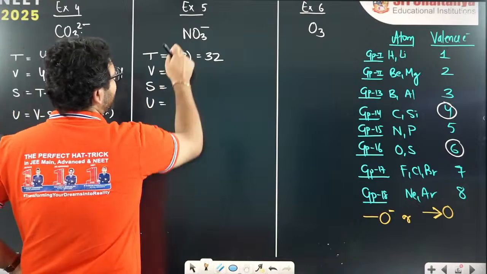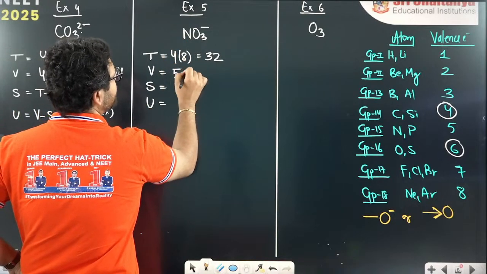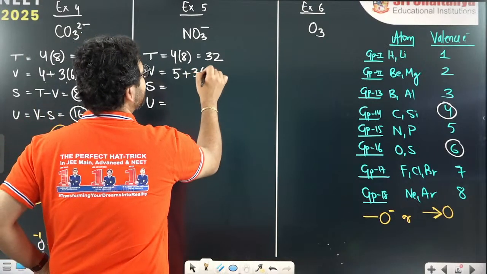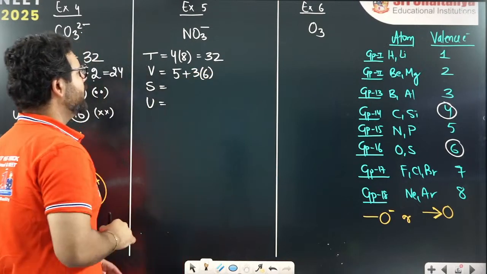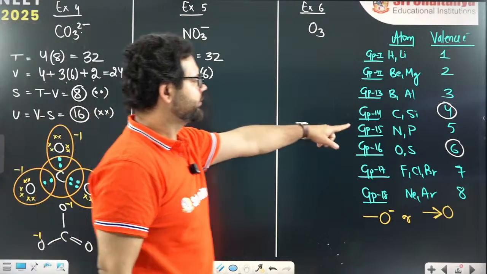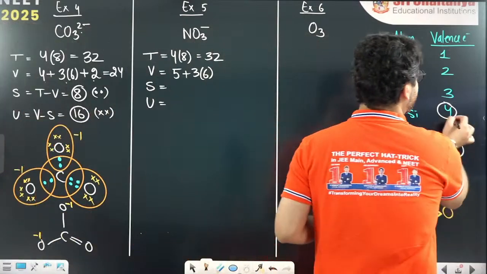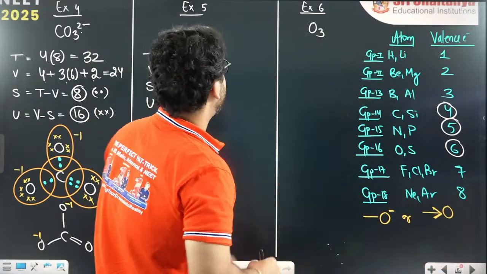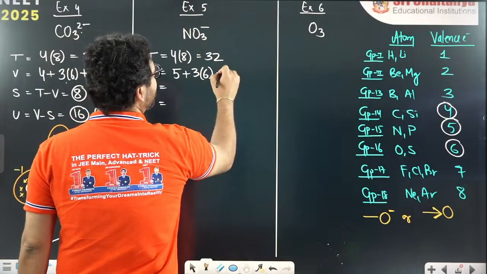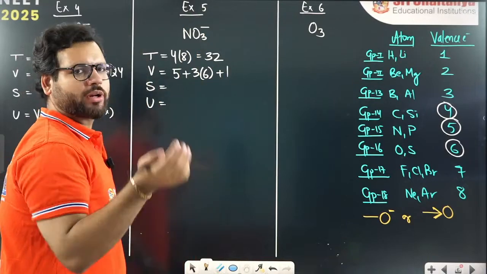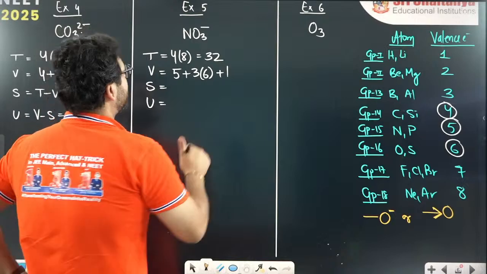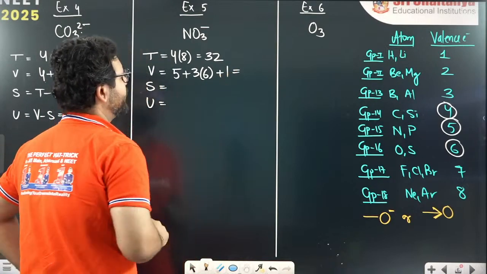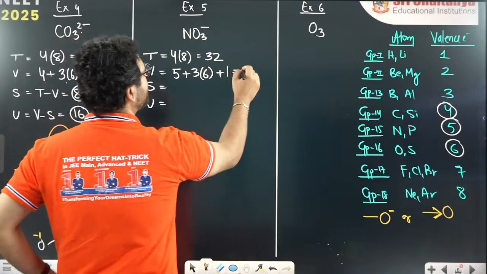Valence electrons: nitrogen has 5 valence electrons, belonging to group 15. Each oxygen has 6 and an extra negative charge, so one more electron is added here. Valence electrons become 5 plus 18, which is 23. 23 plus 1, 24.